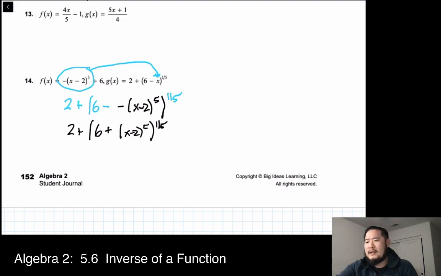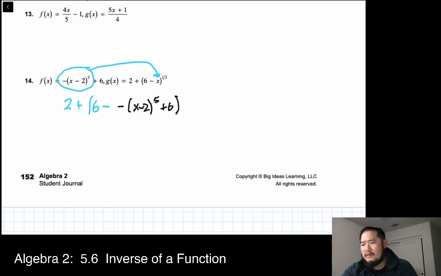Actually, let's go back a step. Looks like there's one thing I forgot right here. I forgot to include the plus 6. And then we have this raised to the 1/5 power. Remember, those signs, they do get in the way. They can be very, very annoying, right? So if we're subtracting, we're going to add the opposite right here.